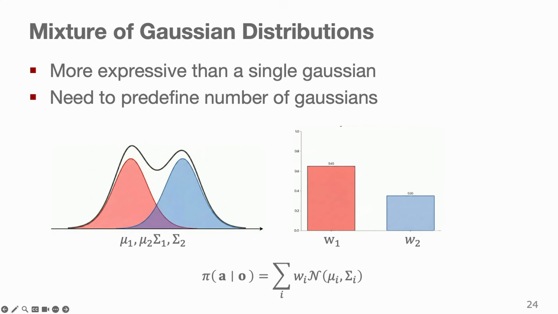You represent this with a set of means, covariances, and weights. The nice thing is that you can model essentially any distribution that you could model with a mixture of Gaussians. One thing to note is that you typically need to predetermine how many modes you want. Let's say there are 10. But if you want to control a humanoid, maybe you want 1,000 modes, and then things start to get quite tricky.